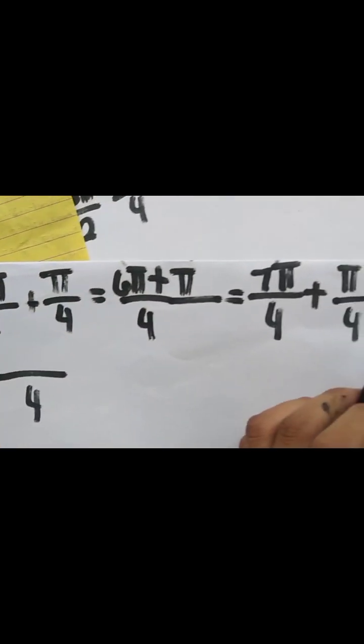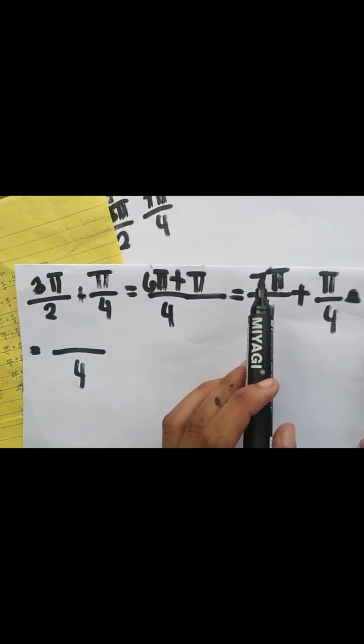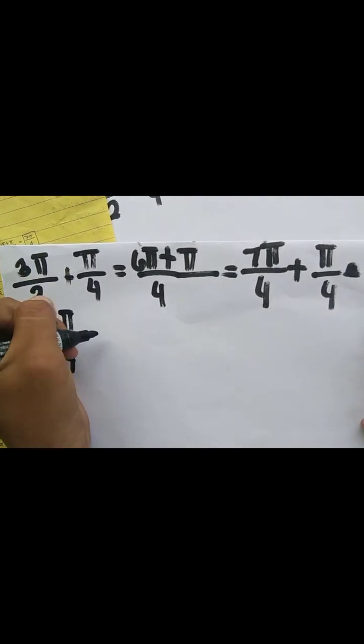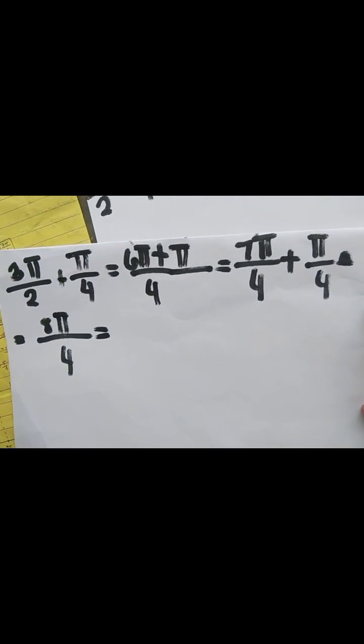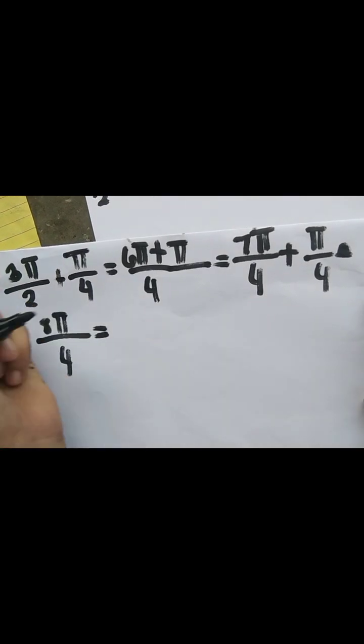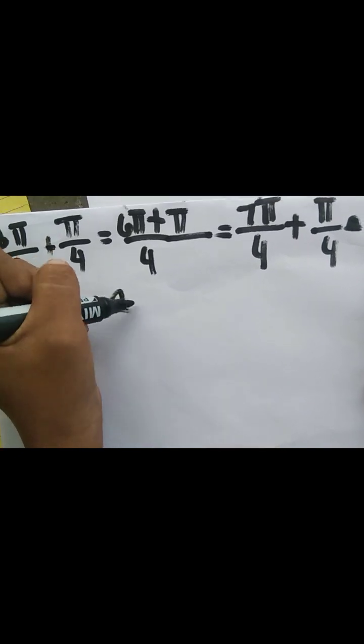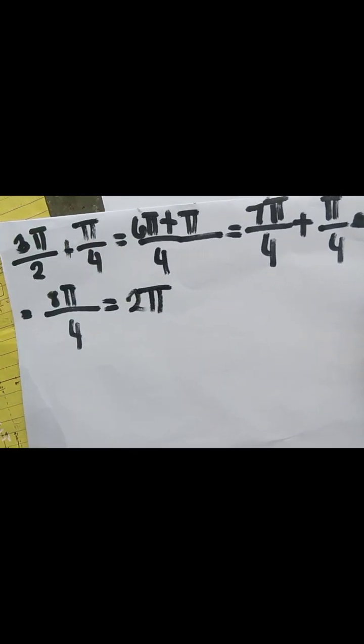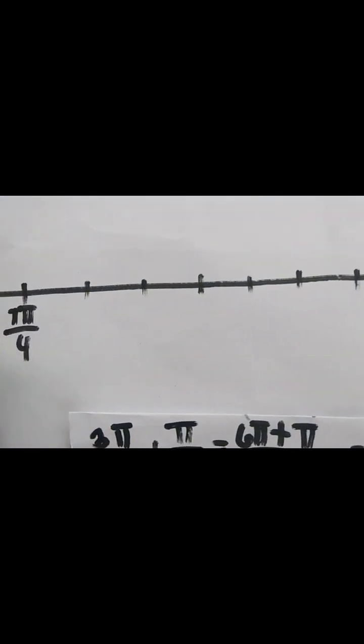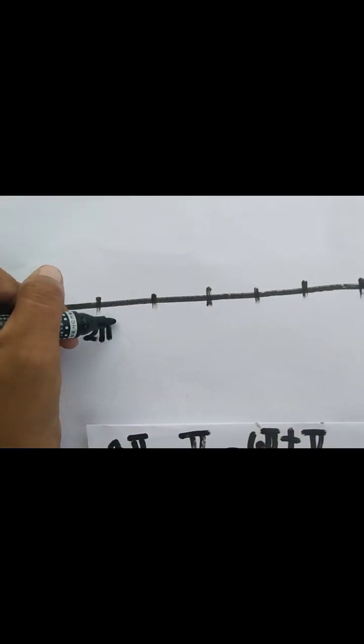Then copy the denominator, which is 4. Then 7 pi plus pi equals 8 pi. Reduce to lowest term, which is 8 pi divided by 4 equals 2 pi. Yes. Then our next point here is 2 pi.